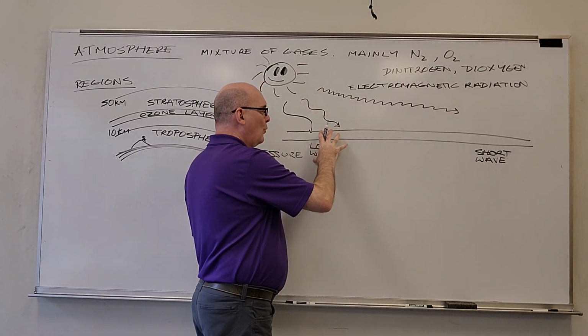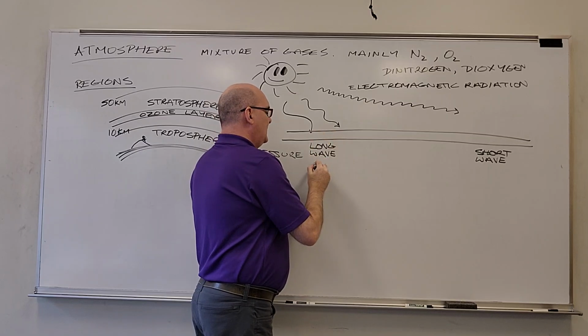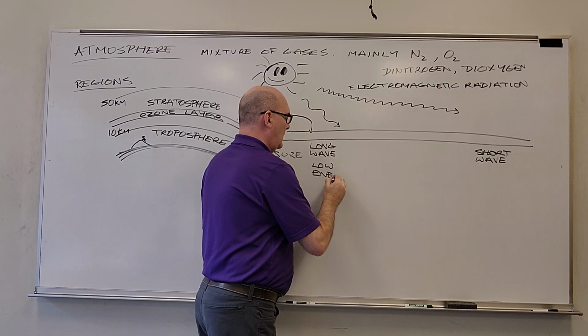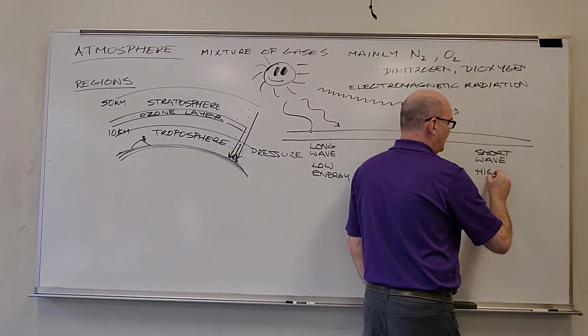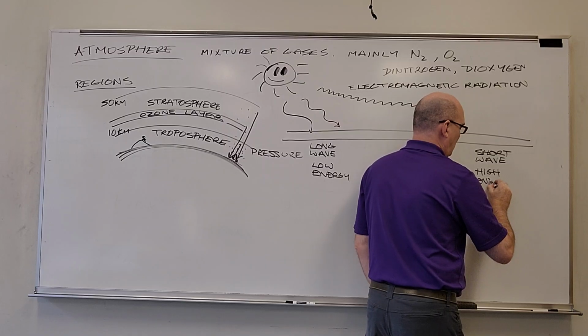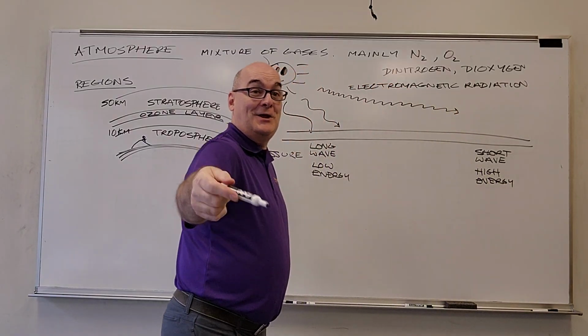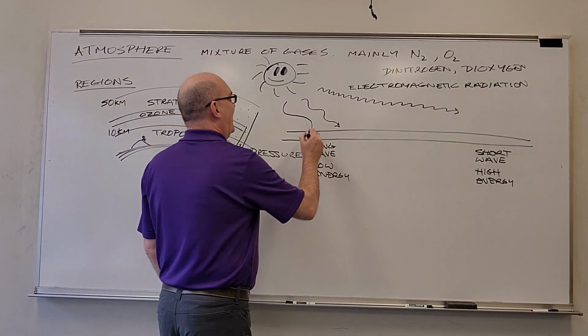We put the long waves here. These ones are low energy, and these ones are high energy. This is the answer to your question. We will get there. You know, it's content from this chapter, but this is what we're getting to.